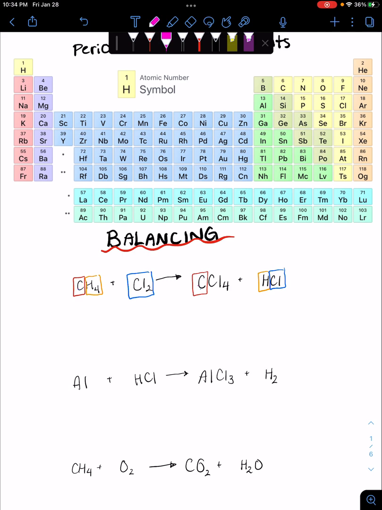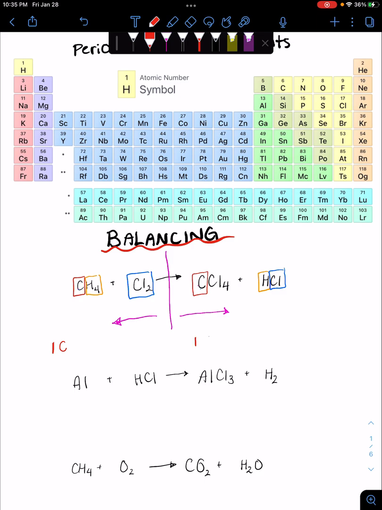Now, balancing it, we mean we're going to cut this in half. We're going to look at what's on this side, and we're going to look at what's on this side. Now, as you see, there is a C on one side, C on the other. What's on one side has to match the other side. So we have one C on this side.